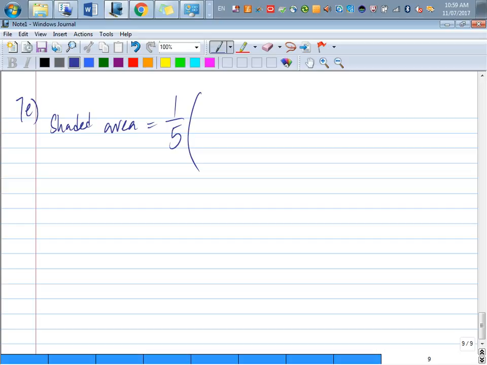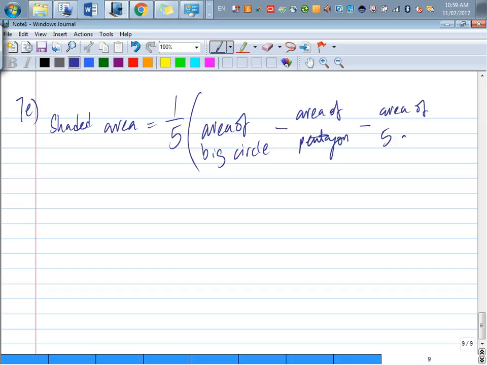Okay. Then now, those 5 portions, they are given by area of the big circle, minus area of pentagon, minus area of 5 semicircles.